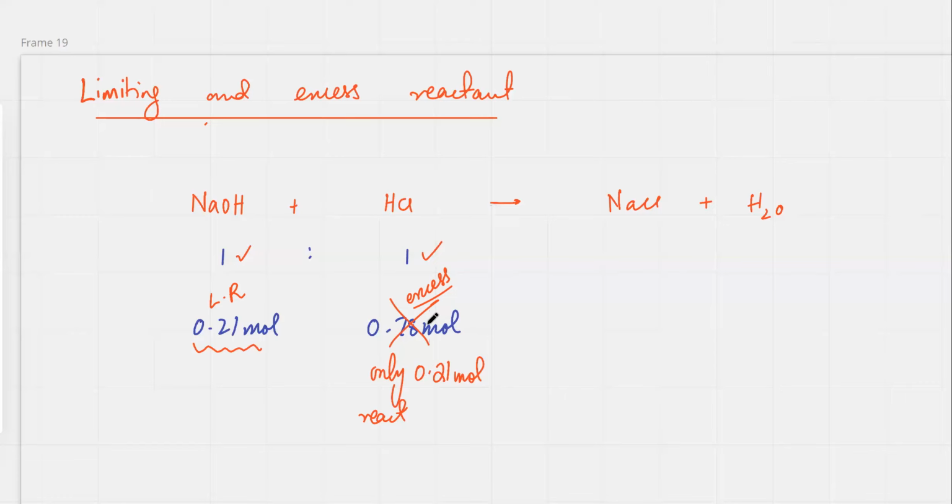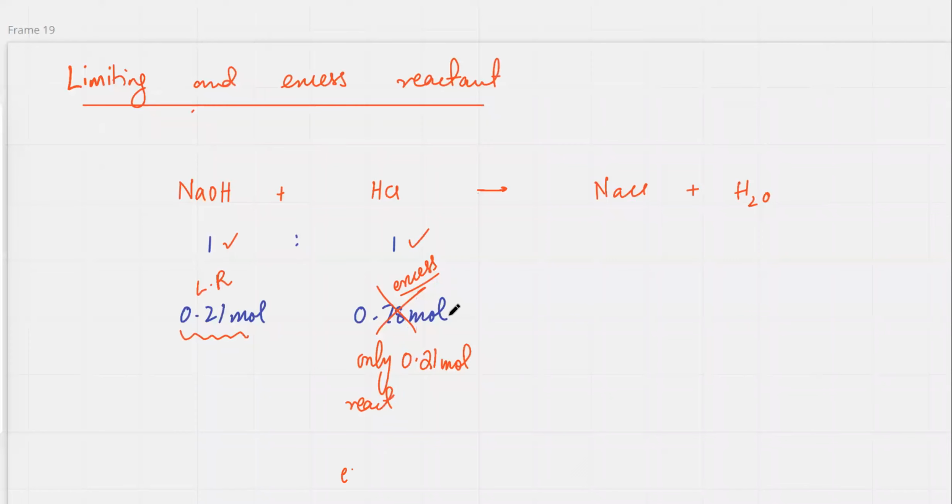It's not going to take part in the reaction. So the rule is that excess reactant moles are never used. In all your calculations, you're just never going to use it.